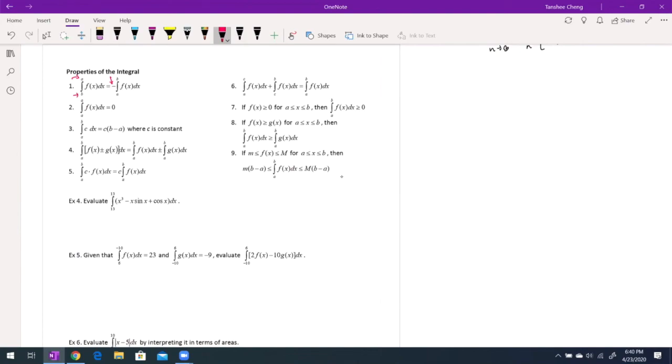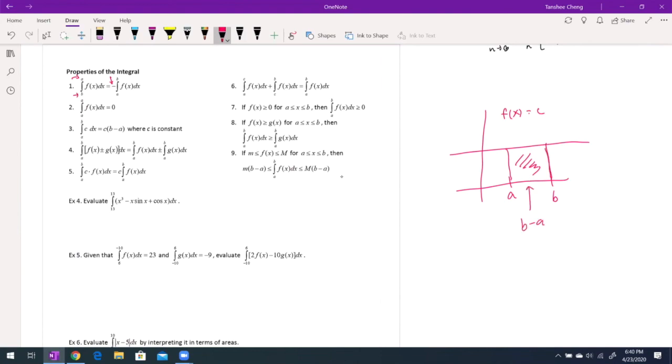And if you are talking about a constant, well, that's easy to show to you. If your function is constant, that basically means a horizontal line. So the area under the horizontal line on this interval a to b is the area of a rectangle. So what is the width? That would be b minus a.